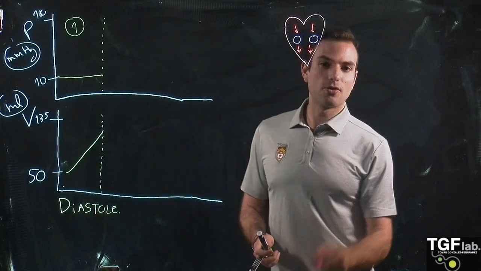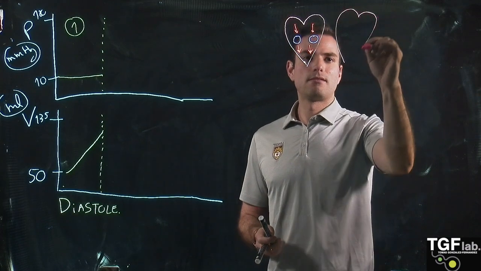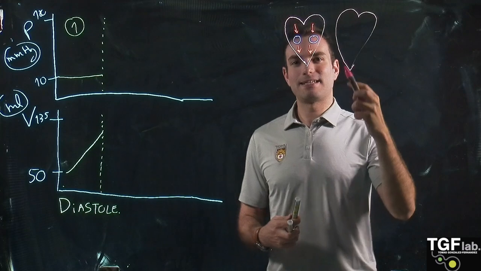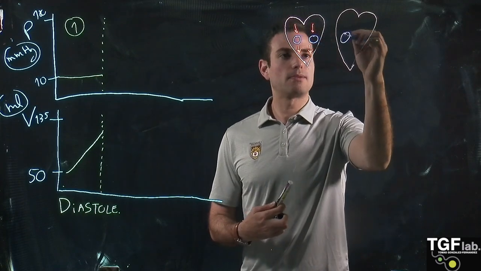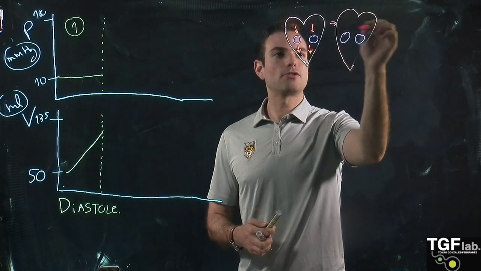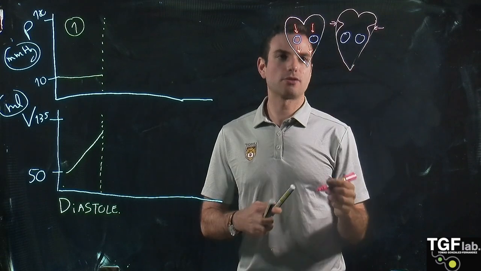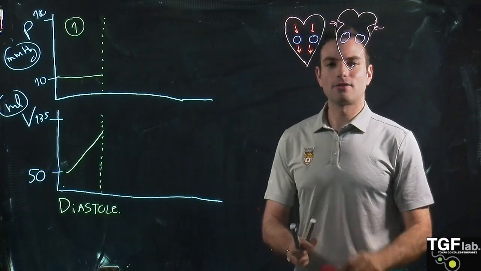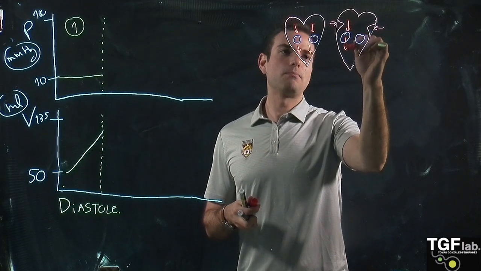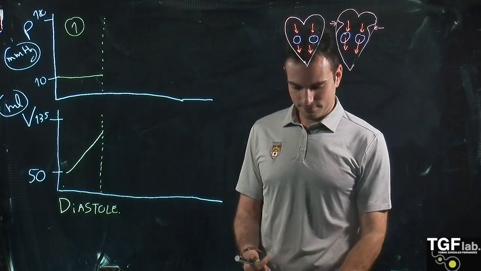Then what is going to happen, so we'll go back to our lovely heart. These valves are going to continue open, but then the auricles are going to contract. So here we have the contraction, and this contraction is going to eject all the blood that was left in the auricle into the ventricle.